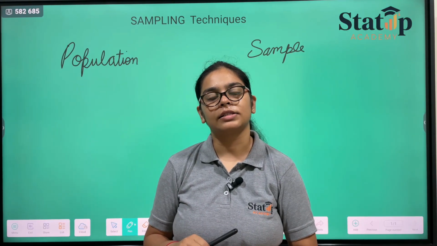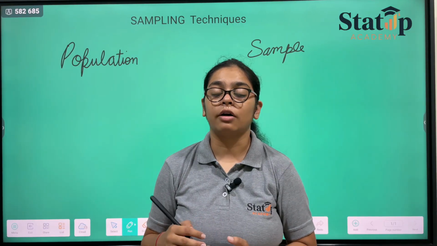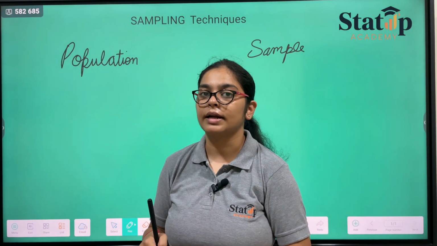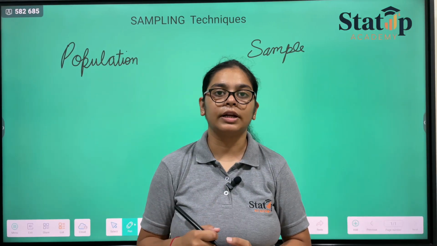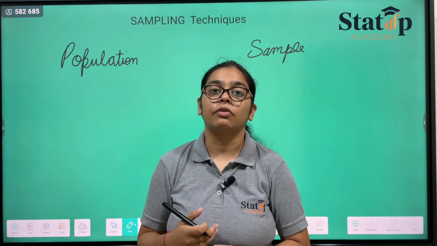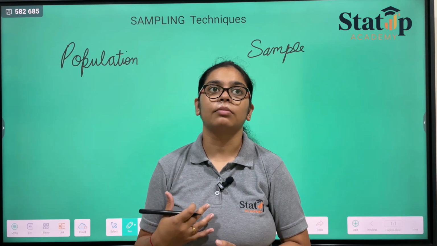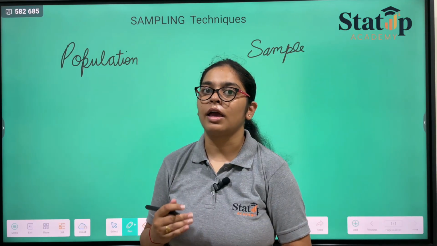Suppose that city consists of 10 lakh people. So we will go to every house and collect the data of 10 lakh people. Some of them will say that they don't want to give the data. Some of them will give wrong data about their income. Some of them won't be available. Some of them might have gone outside. So we won't be able to collect every household's data.